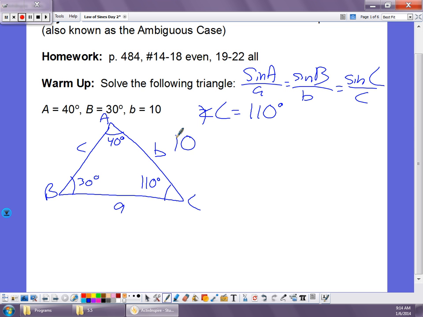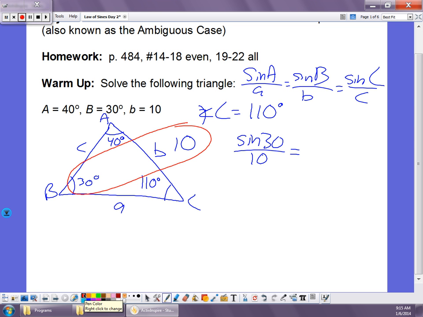So what you're going to do now is use what you're given to solve for what you don't know. So essentially all you're doing is setting up like a proportion. So like you'd say 10 and sine 30 would go together. So you'd have sine 30 over 10 equals, and then you just solve for one of the missing sides.